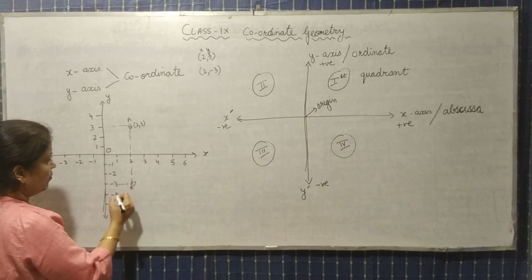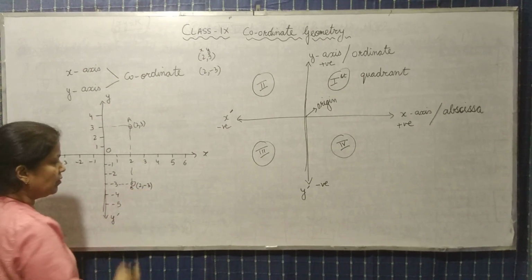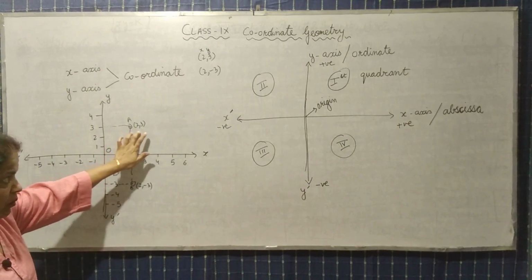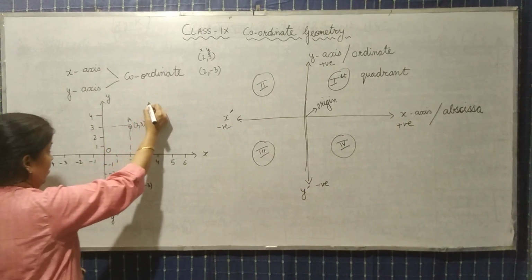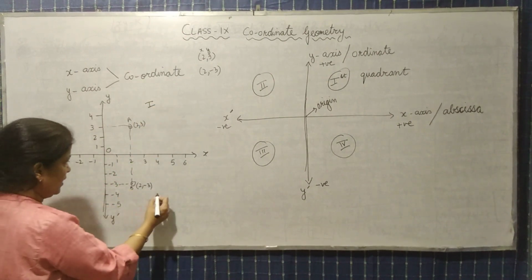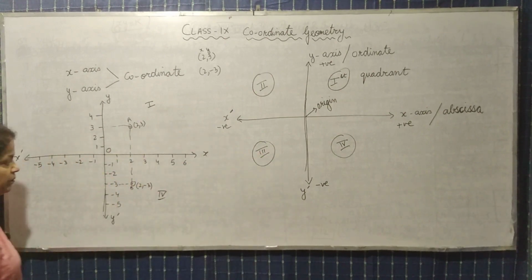So let us name this B and write its coordinate. Okay. So can you tell me 2, 3 lies in which quadrant? It lies in first quadrant. And what about 2 and -3? It lies in fourth quadrant as it is already written.